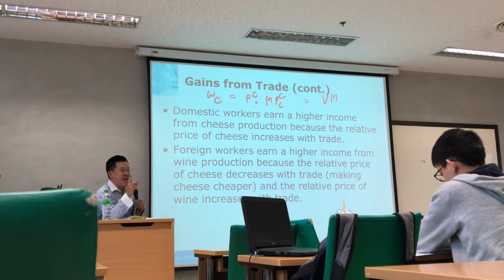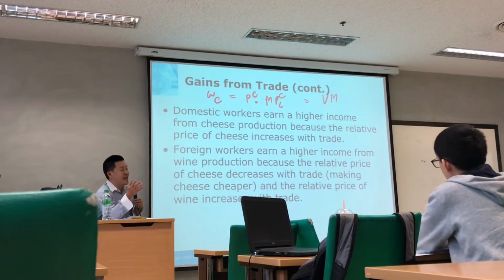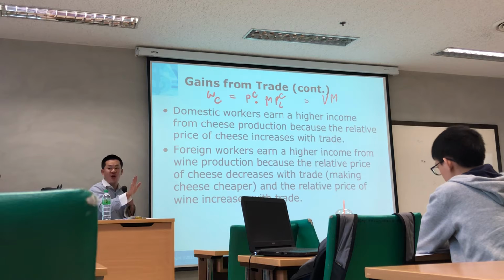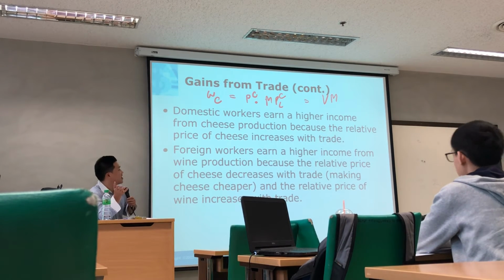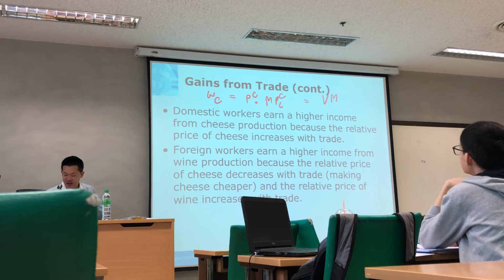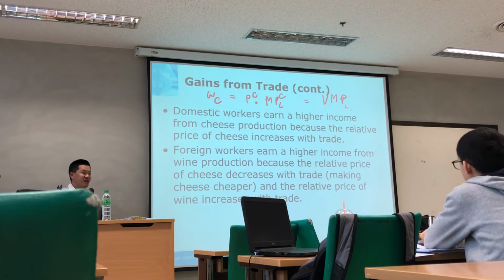Then P times MP, in economics we call the value of marginal product, VMP. Then it's equal to wage.